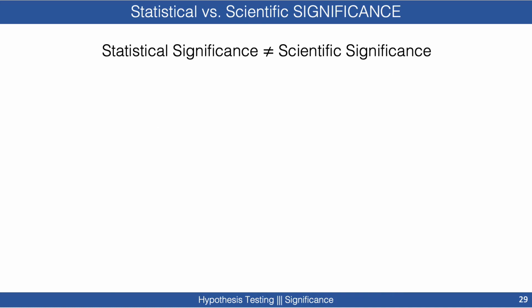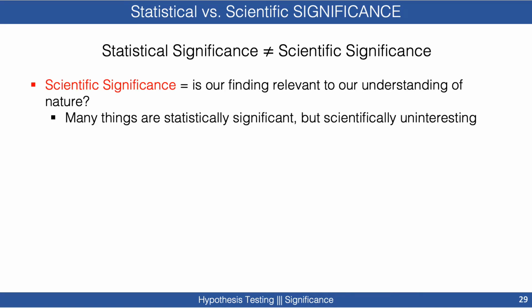Again, as I mentioned before, and I want to reiterate it, statistical significance does not imply scientific or biological significance. Scientific significance is how relevant, how important our result is to understand nature or to understand a phenomenon. And many things may be statistically significant and might not be that interesting.